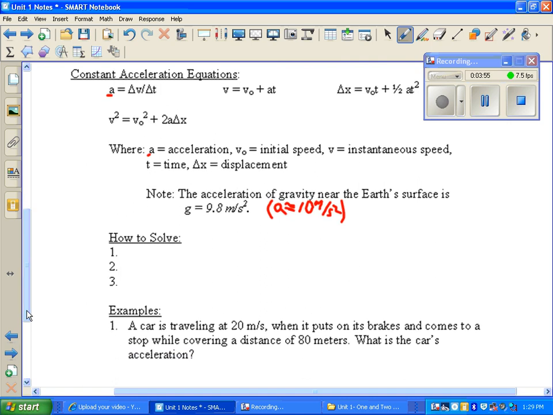Now, how to solve these problems, or any problem, is the following. You're going to identify your givens. That's going to be the first step. The second step, and this is actually very important, is identify what you're looking for.